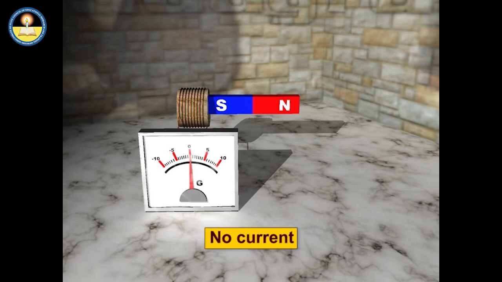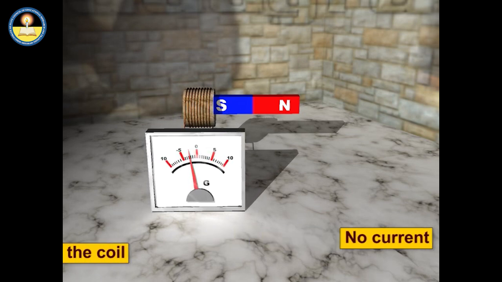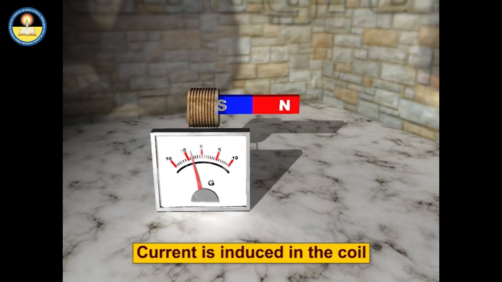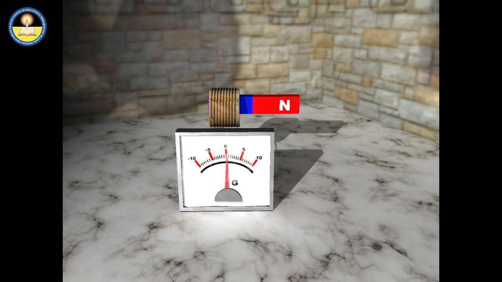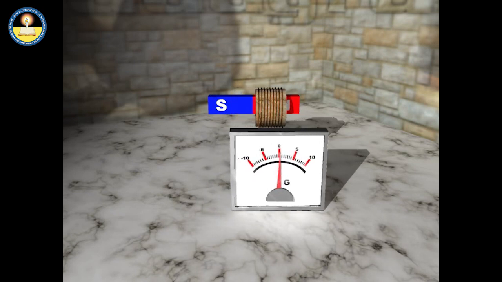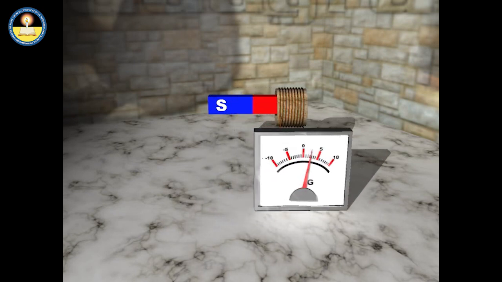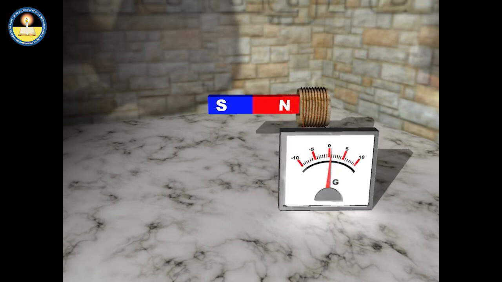Now, if the coil is moved towards the magnet from the other end, this time the galvanometer shows a deflection but in the opposite direction. In this activity, deflection is produced in the galvanometer only when the coil is moved towards or away from the magnet.